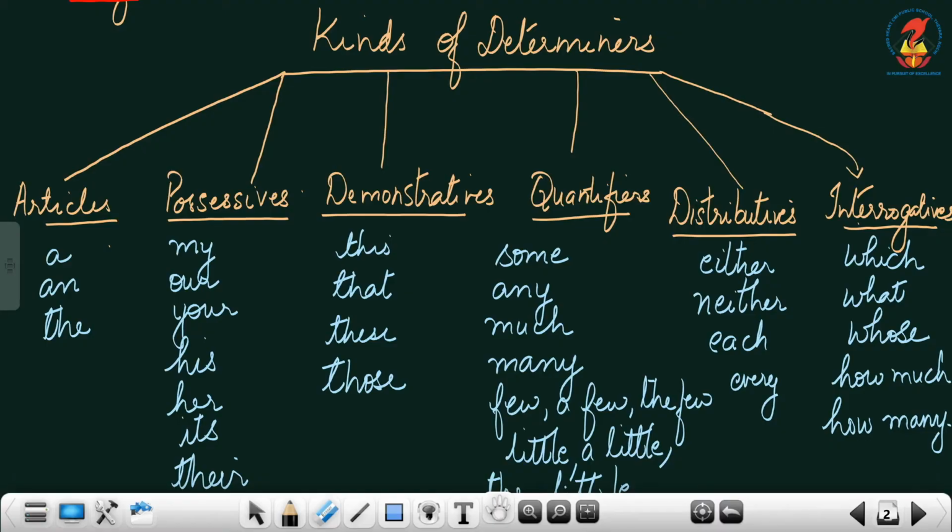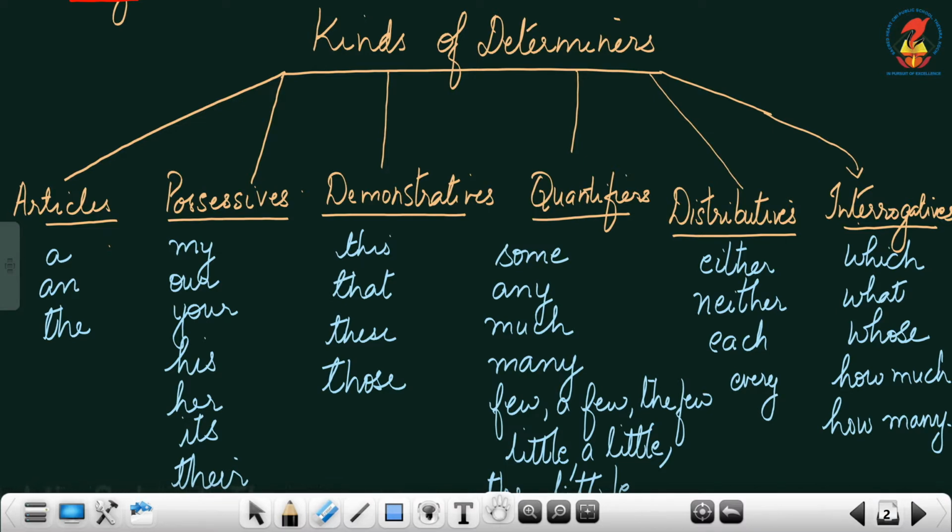Then possessives. As the word indicates, possessive means it belongs to someone. So here it is my, our, your, his, her, its or their. Then demonstratives. You are demonstrating, you are indicating something. So either this, that, these, those.